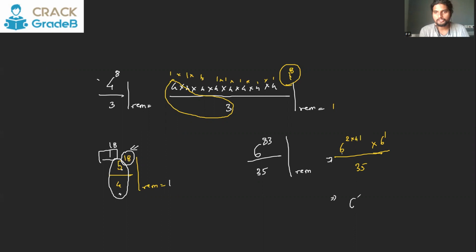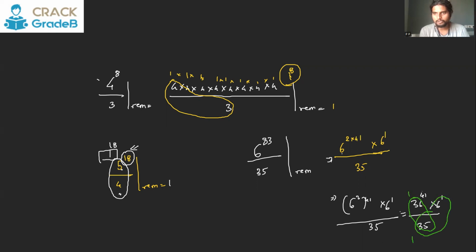So it will be 6 raised to the power 2's power 41 into 6 raised to the power 1 upon 35. Now this is going to be 36 raised to the power 41 into 6 raised to the power 1 upon 35. You know, the individual remainder here is 1, and 1's power anything is going to give us 1.